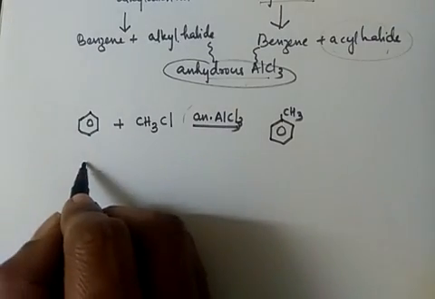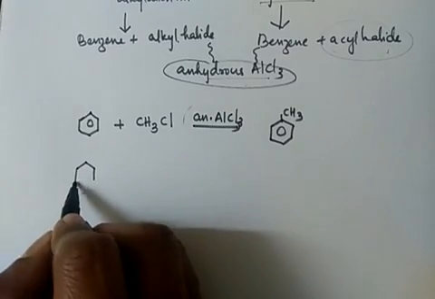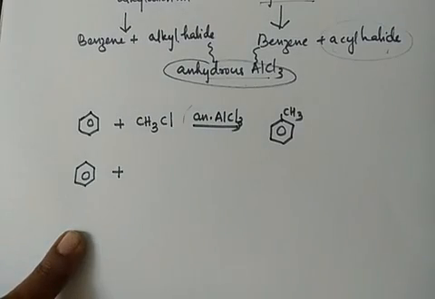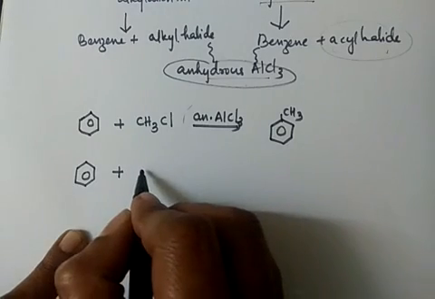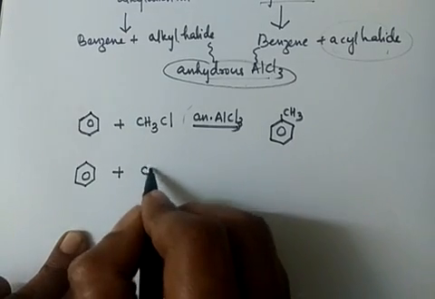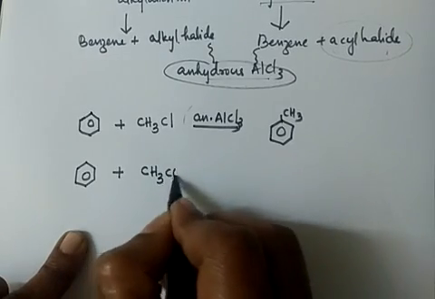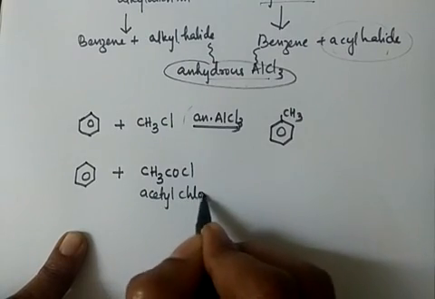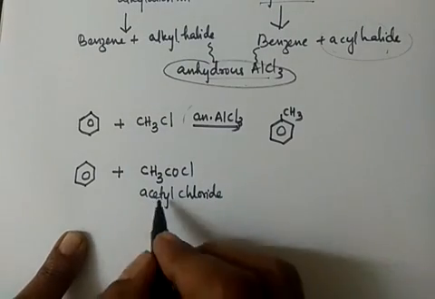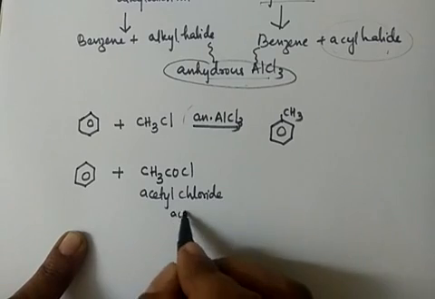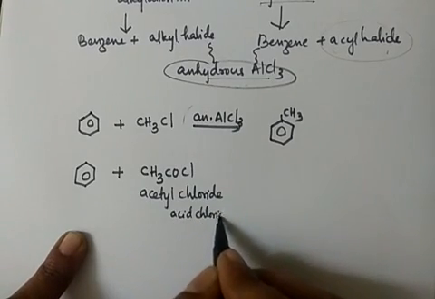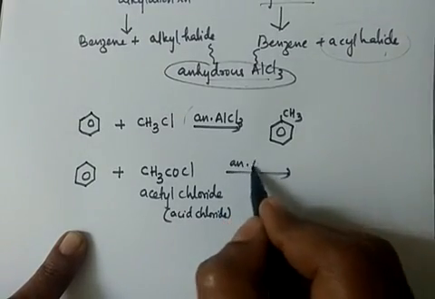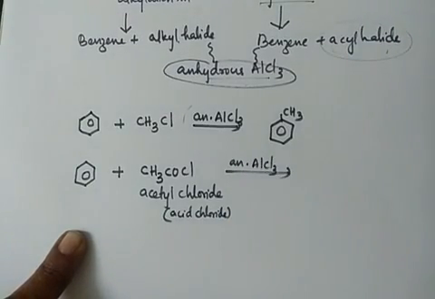Now let's see the acylation reaction. When benzene is treated with an acid chloride like acetyl chloride, CH3COCl, this takes place in presence of anhydrous aluminium chloride.